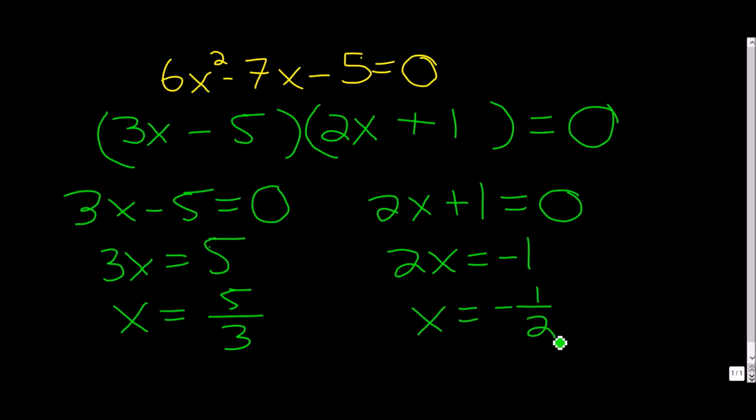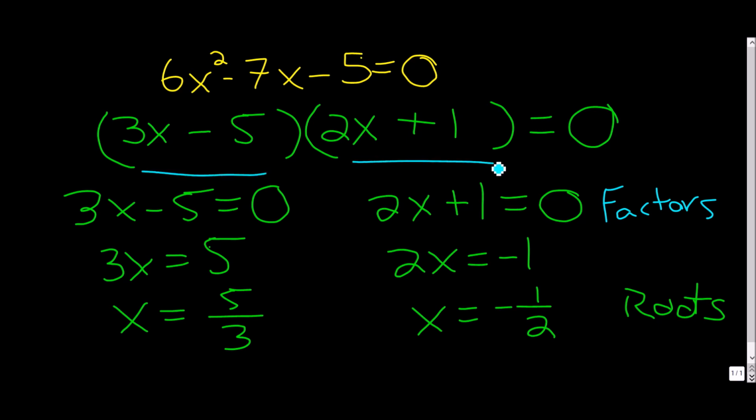So these are roots. And these are factors. Okay, so if we have an equation, we can break it up into the factors, and then we can find the roots from there.